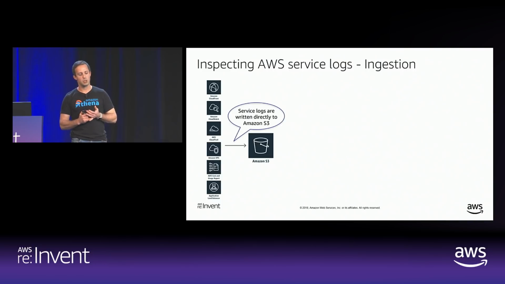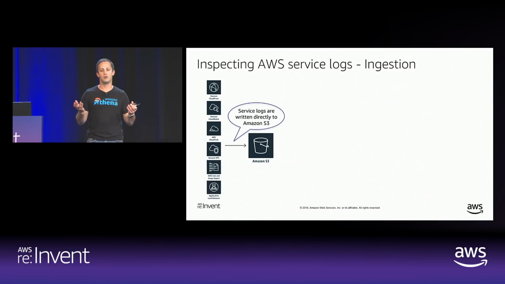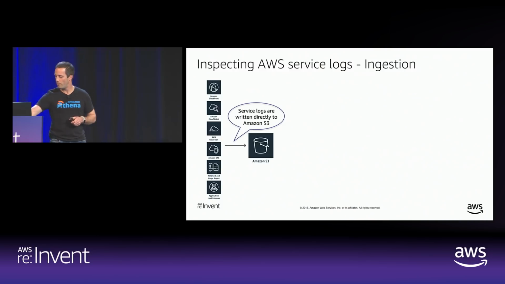So services like CloudTrail, CloudFront, Classic and application load balancers, they all store that data inside of S3 normally in text formats like CSV and JSON. The reason they do that is to make those logs really portable and accessible to any modern tool, including Athena.